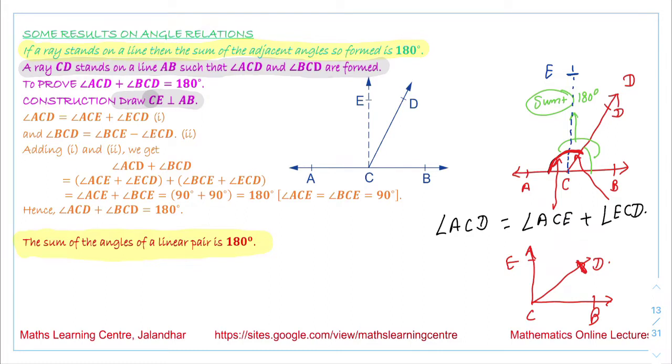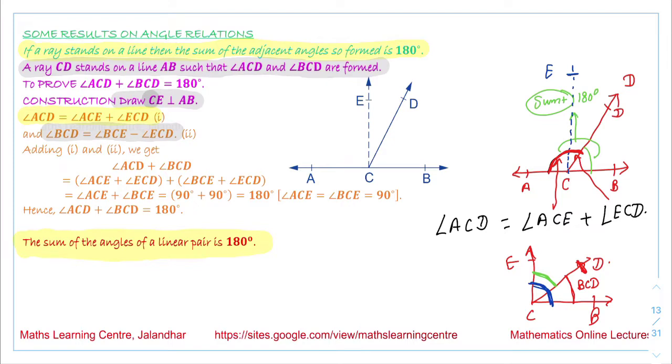So angle BCD is equal to this larger angle minus the angle DCE. So we have two equations over here. One is angle ACD equals angle ACE plus angle ECD, and second is angle BCD equals angle BCE minus angle ECD.